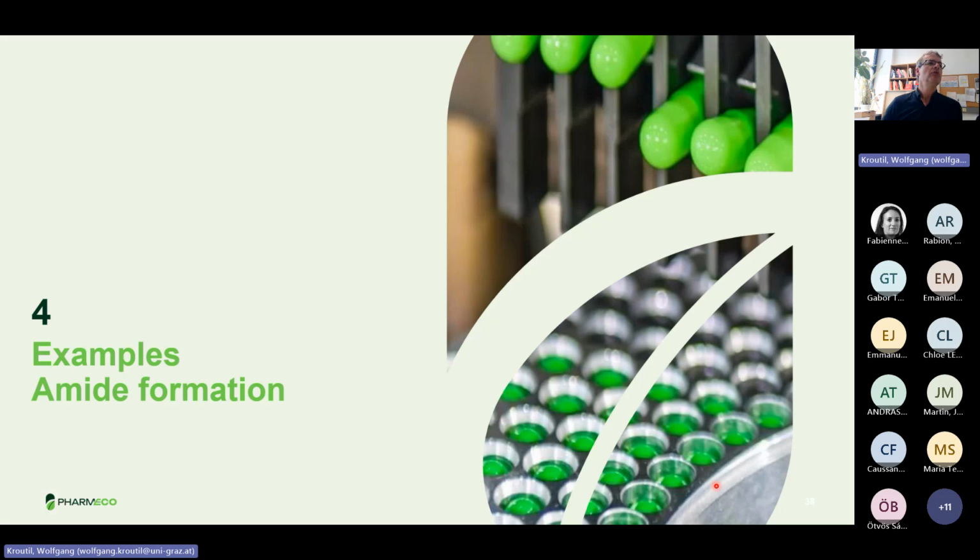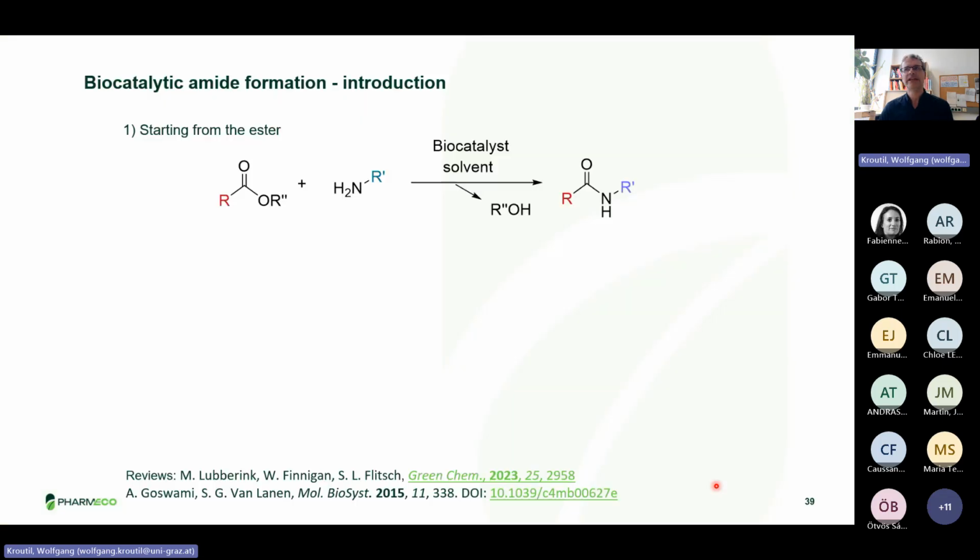My last few minutes I want to use for amide formation, as that is in general still a hot topic, and give you a quick overview about options for how to use enzymes for amide formation, what we did there in the lab until now, and what is published.